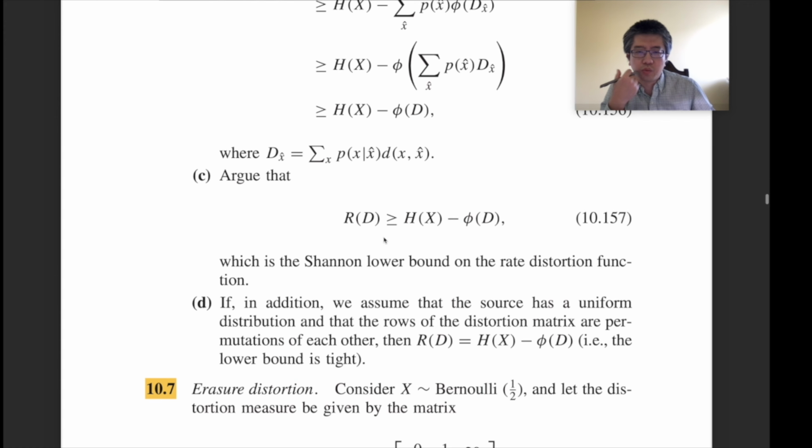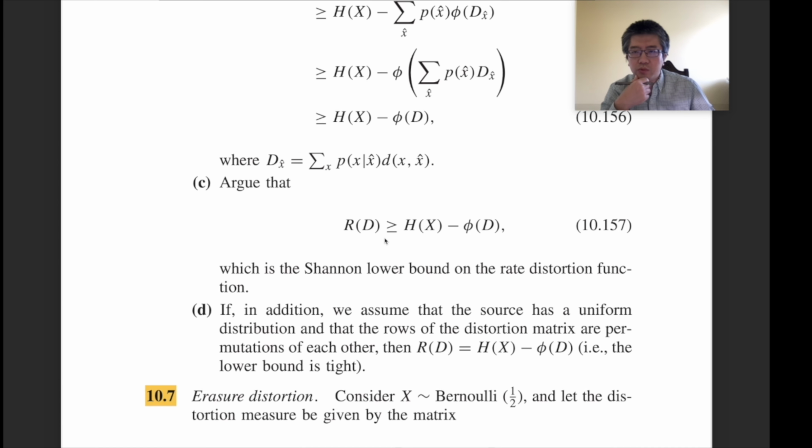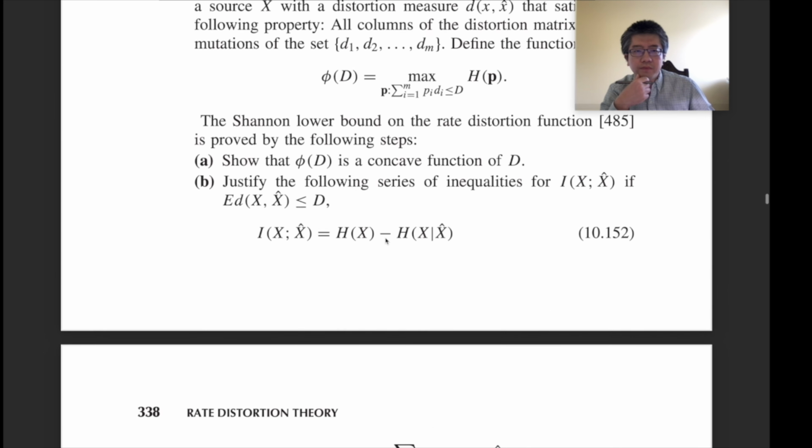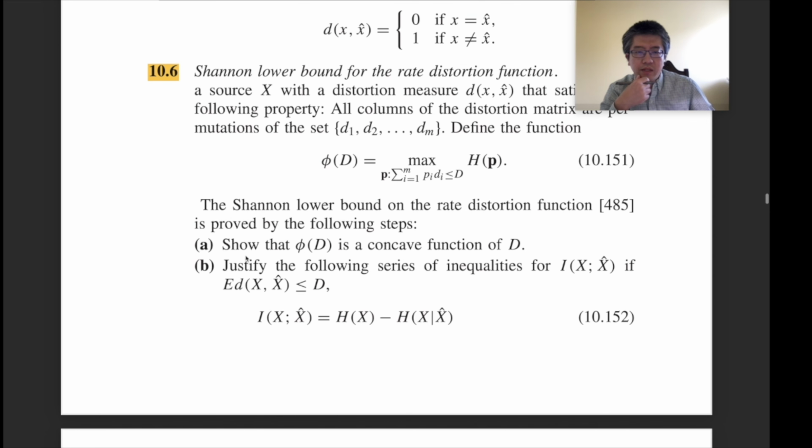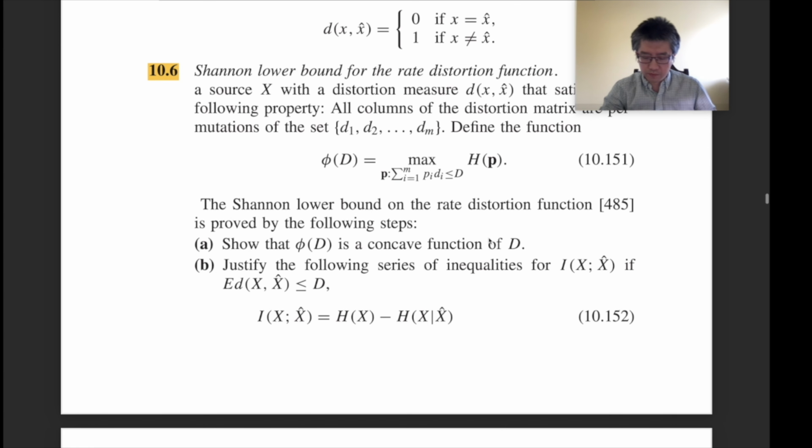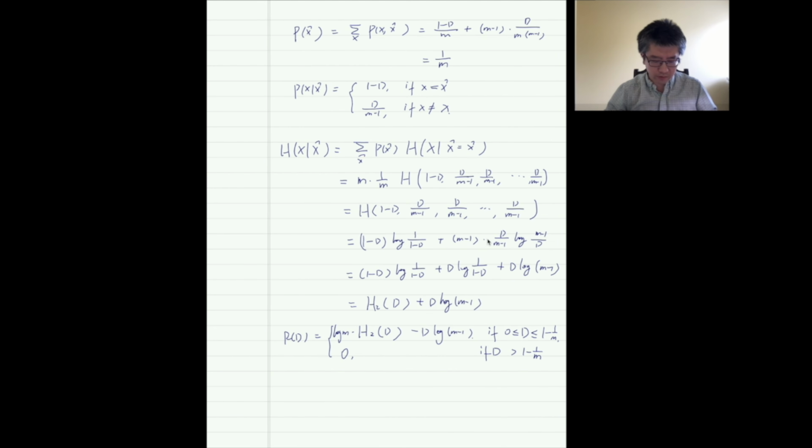And what we're going to do is to give the details of the proof. Okay, so let's take a look. From part A. Part A is to show that phi d is a concave function of D. Okay, let's do that first. In order to show it is a concave function, we just show this by definition, right?